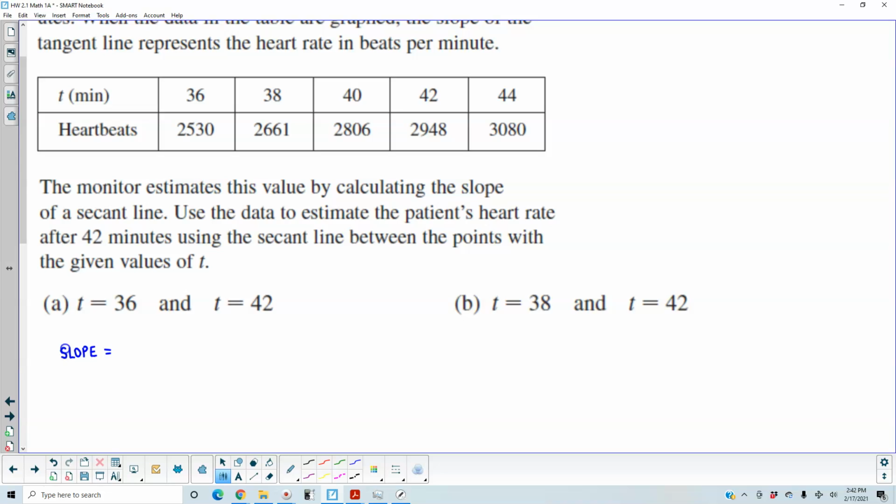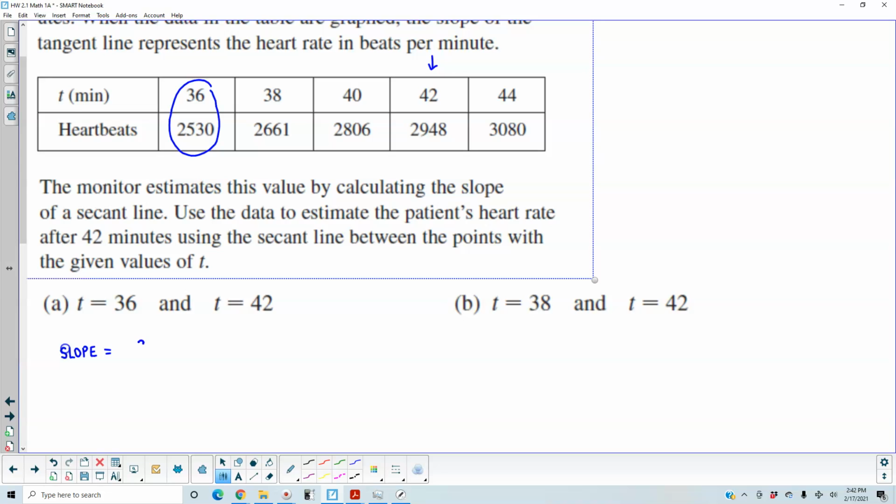it's going to equal, we're looking at 36 and the output of the heartbeats of 2,530, and then we're looking at 42 and 2,948.